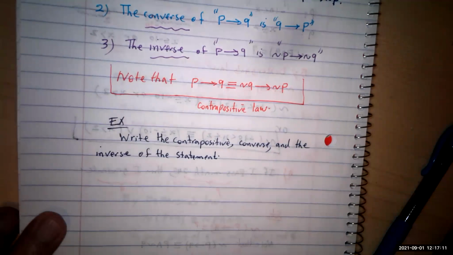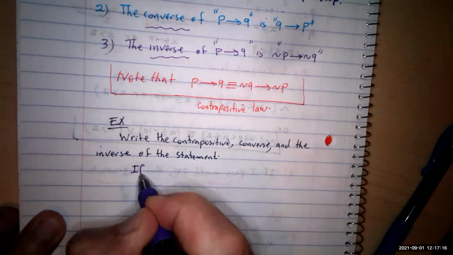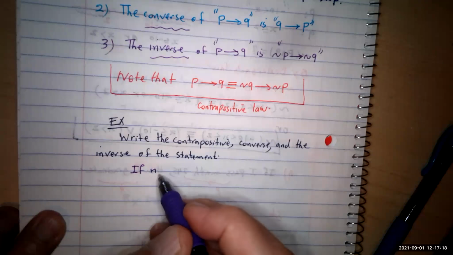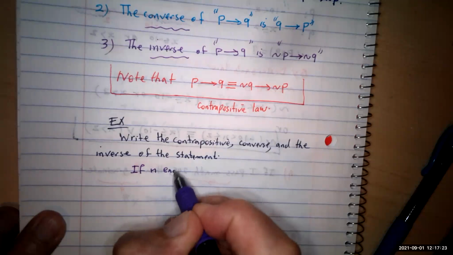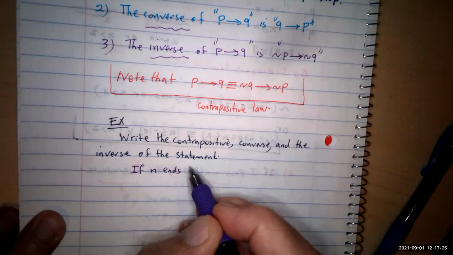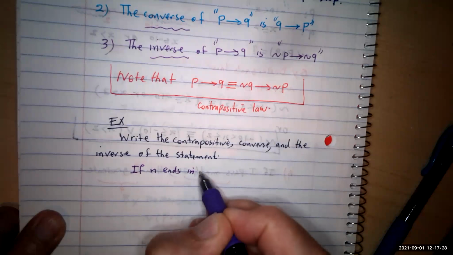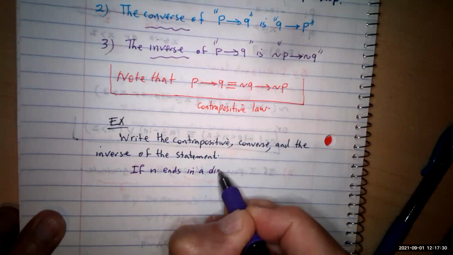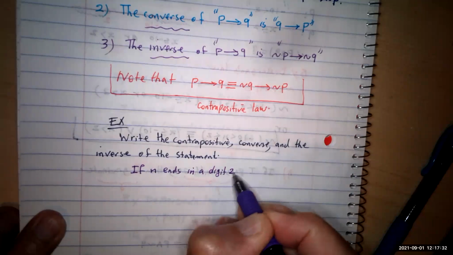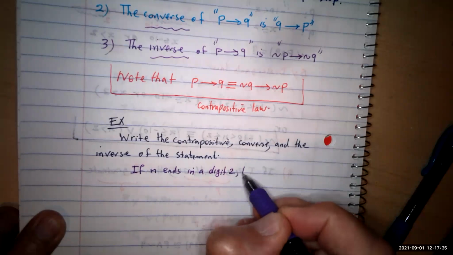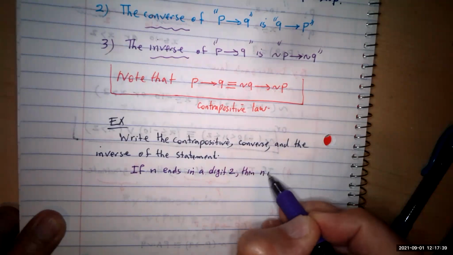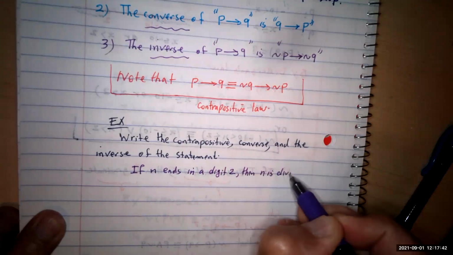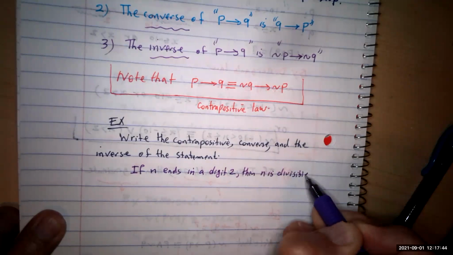So this is the statement. If n ends in a digit 2, then n is divisible by 2.